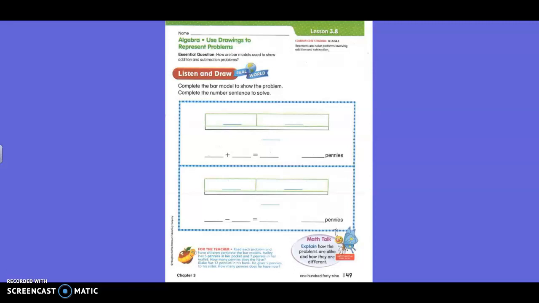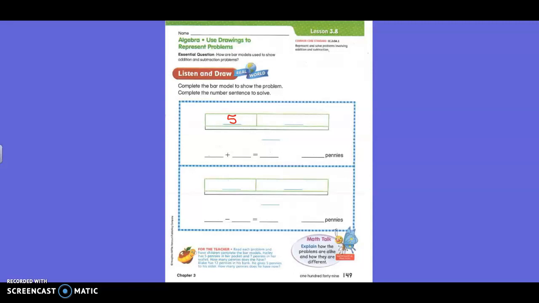So, if I'm saying Haley has 5 pennies to start with, where do you think I'm going to put the 5? Jason? In the first box, yes. And then I said that she got 7 more pennies, right? Or what did I say? 7 pennies in her wallet.